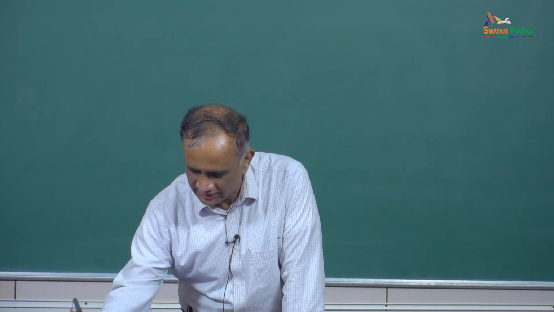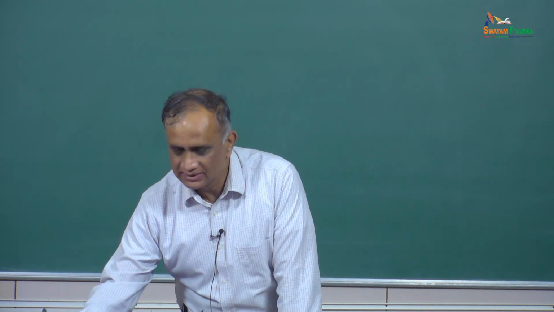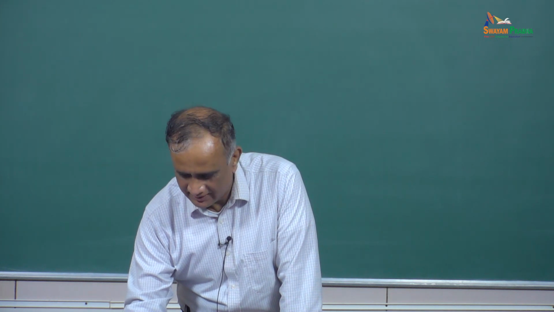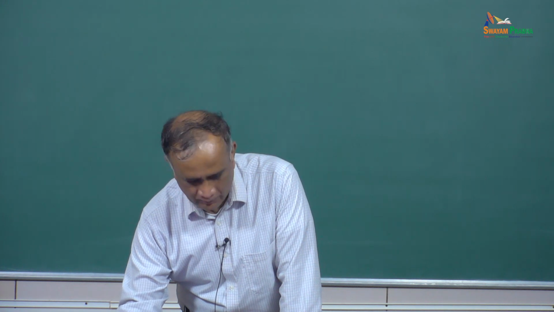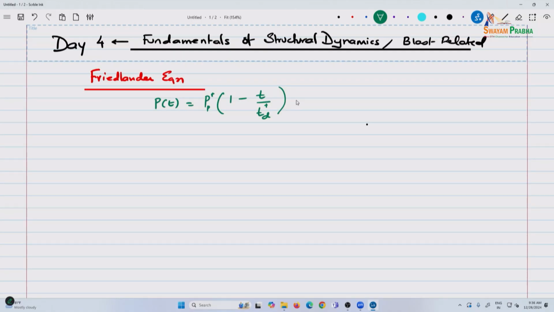So basically, a question that was asked. If you look at the Friedlander equation, it's given as P of t, the positive pressure, times 1 minus t over the positive duration, e power minus b t divided by t_d plus.